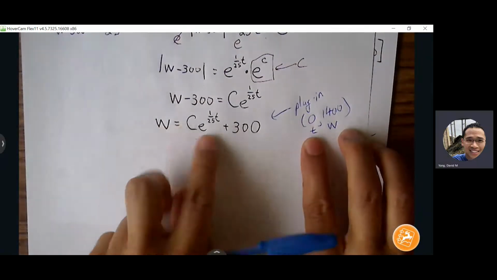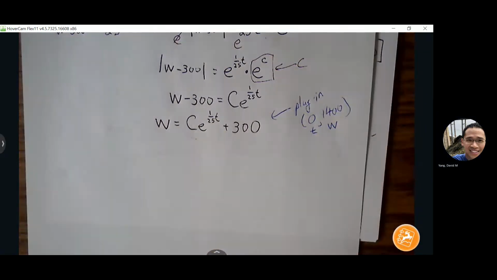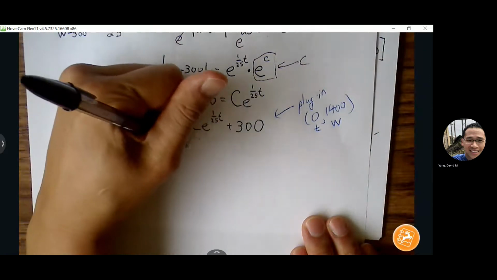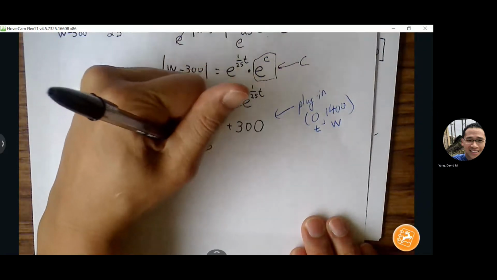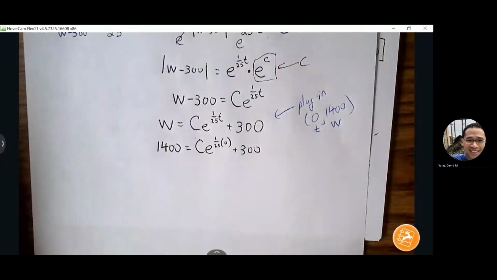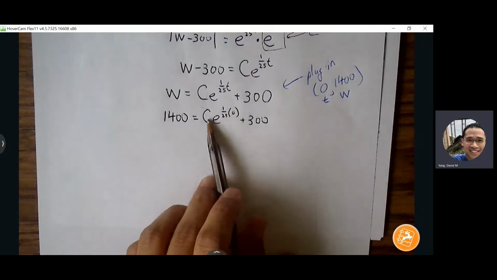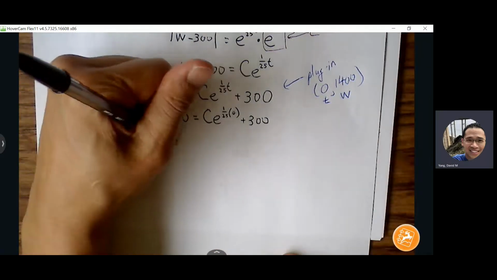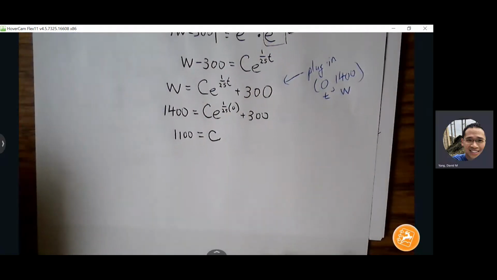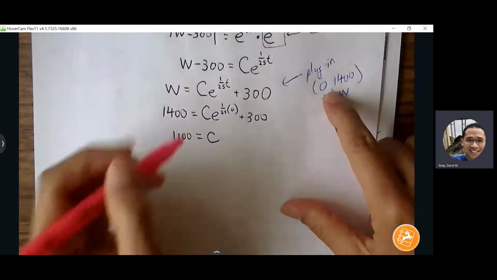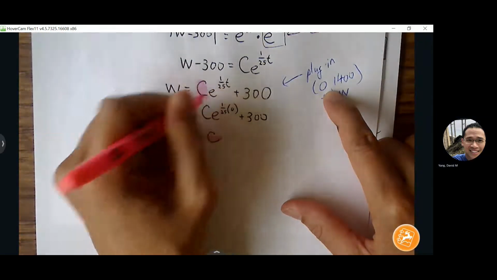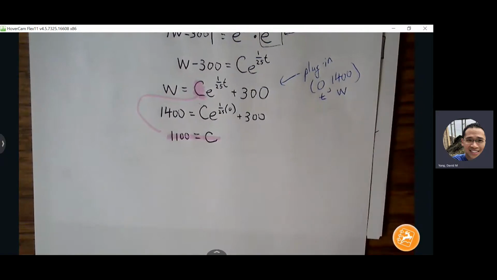So that should allow me to solve for c, right? E to the 0 is 1. Subtract the 300, I get 1100. So once I have my c value, then I can just go back and update the c value where I made that initial substitution.